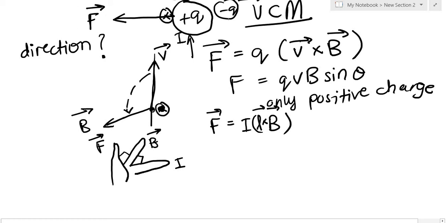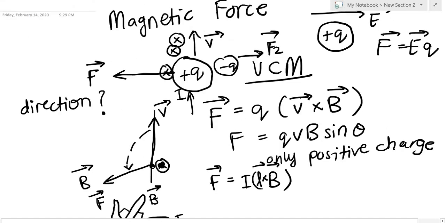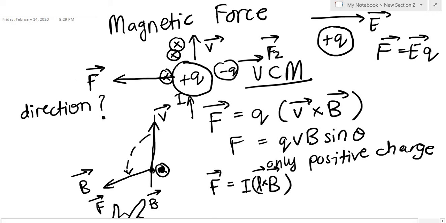But now if you have a negative charge moving forward, the current will move in the opposite direction, and then you can use Fleming's left hand rule to know that the force will be indeed in this direction, that will be obtained by using the cross product with the flipping rule.